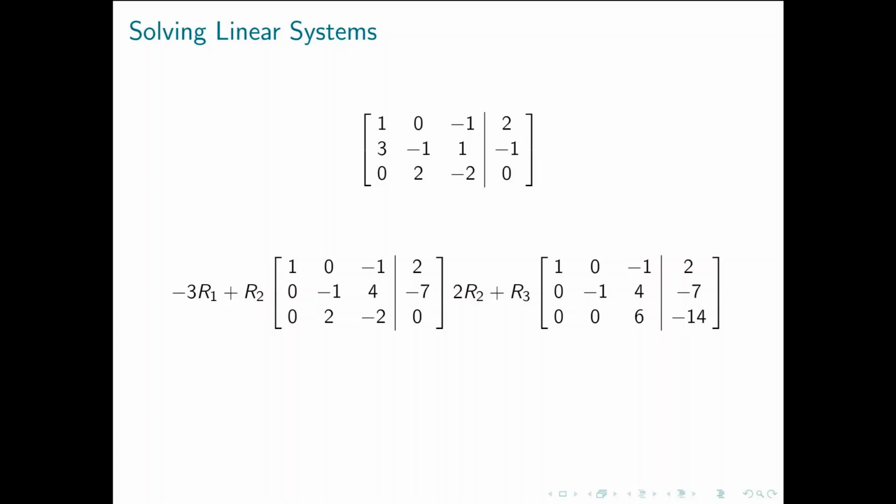So -3 plus 3 is 0. In other words, to eliminate the entries under the main diagonal, I have to use the leading non-zero entries of the rows above, multiply them by some factor, and then add them so that when those leading entries are added to those below them, they make the entries below them 0.